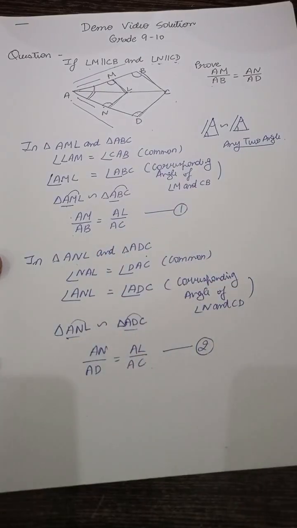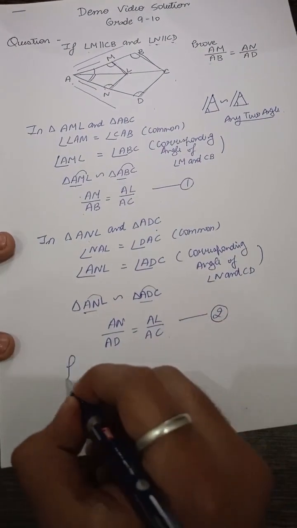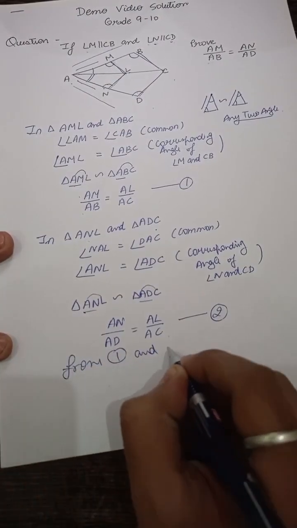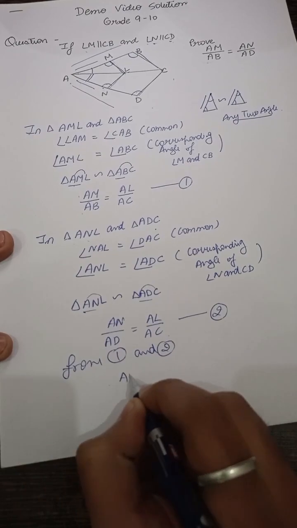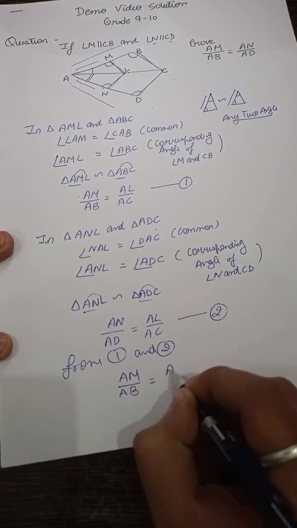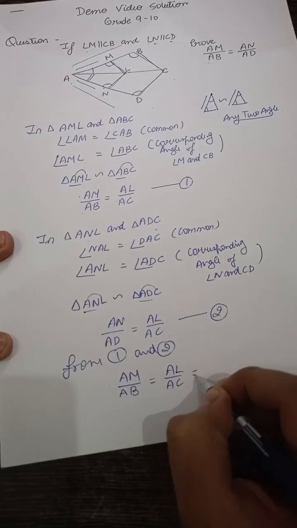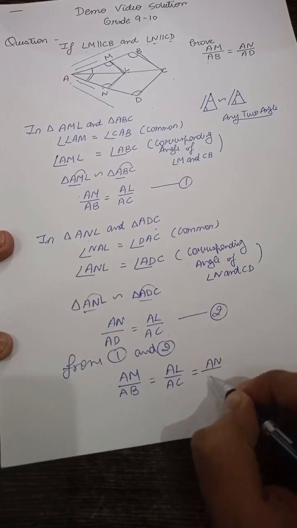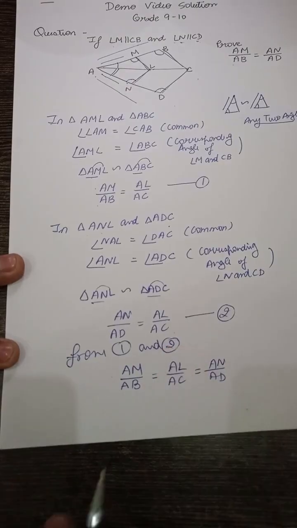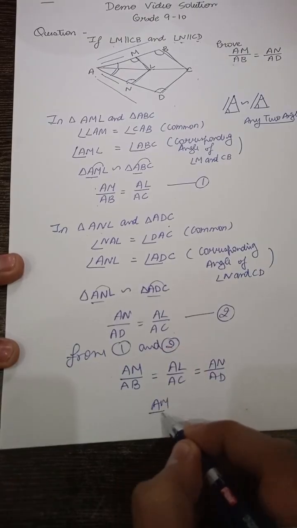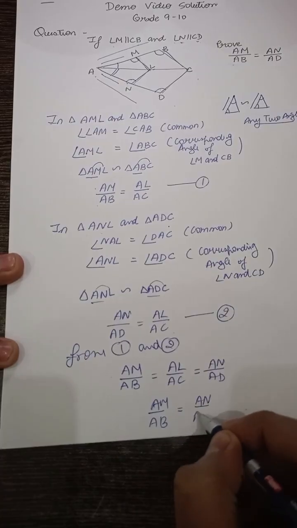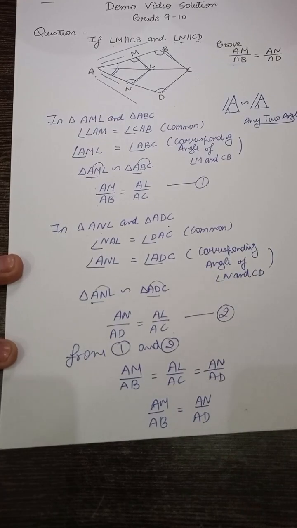So from 1 and 2, we have AM upon AB equals AL upon AC, and this equals AN upon AD. Now I can remove the middle part, and we get what we need to prove: AM upon AB is equal to AN upon AD, which is what we needed to prove in the question.